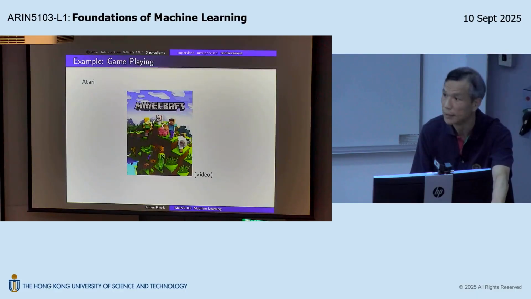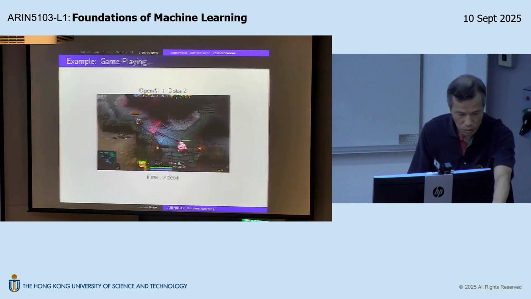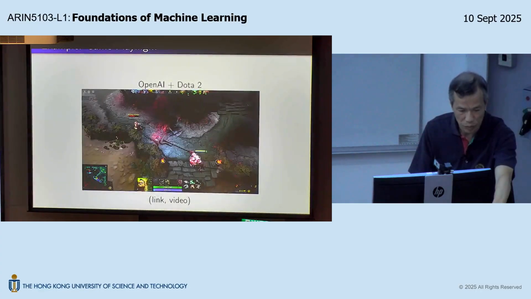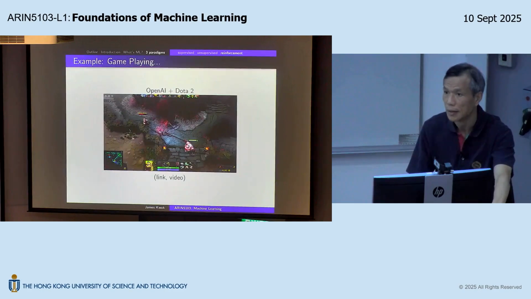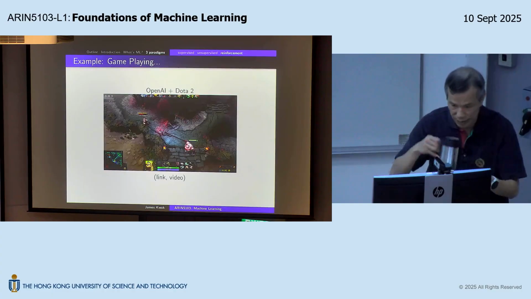For example, this has been used for game playing, Atari, Minecraft, and so on, and AlphaGo, and Dota 2, etc. If we have time, we will go into the details of this. So, any questions? This finishes the introduction, and so next.